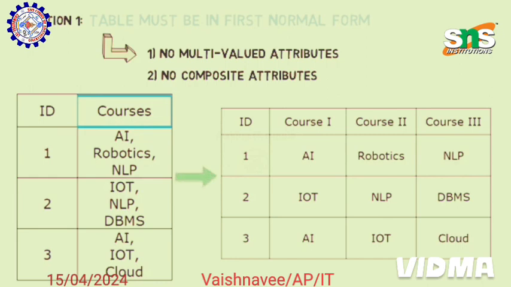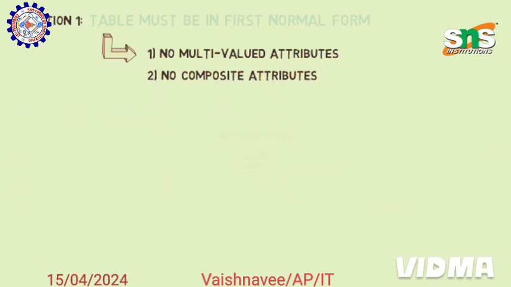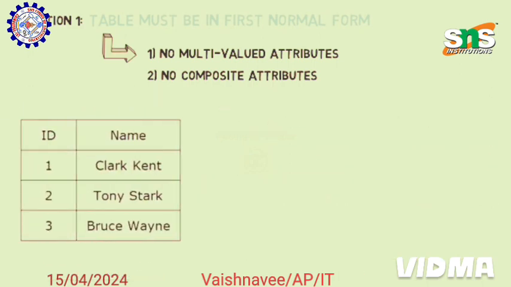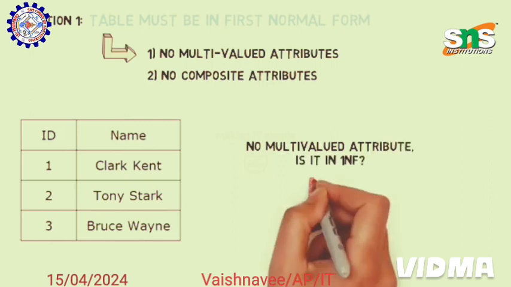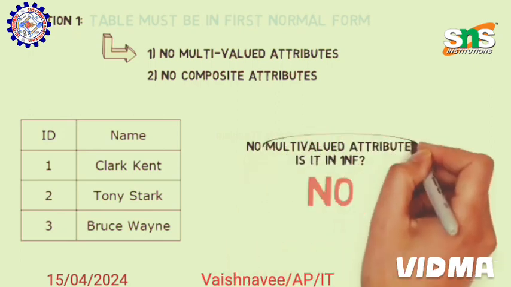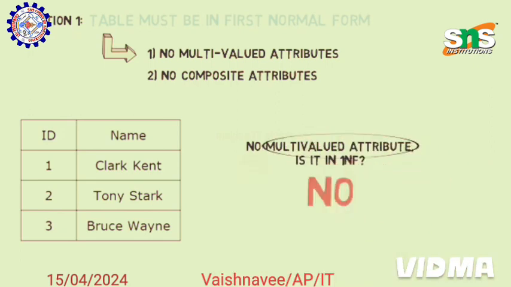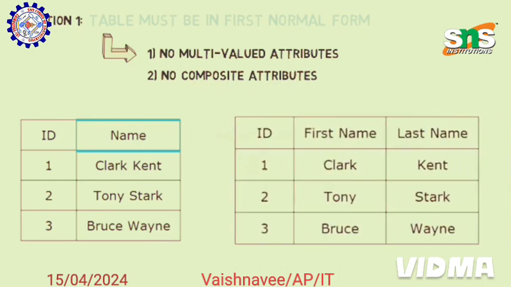Now the following table does not have any multivalue attributes. Is it in first normal form? No, because it does not contain a multivalue attribute, but it contains the attribute name, a composite attribute which can be further divided. So again, this is not in first normal form. We can modify it like this: first name and last name.